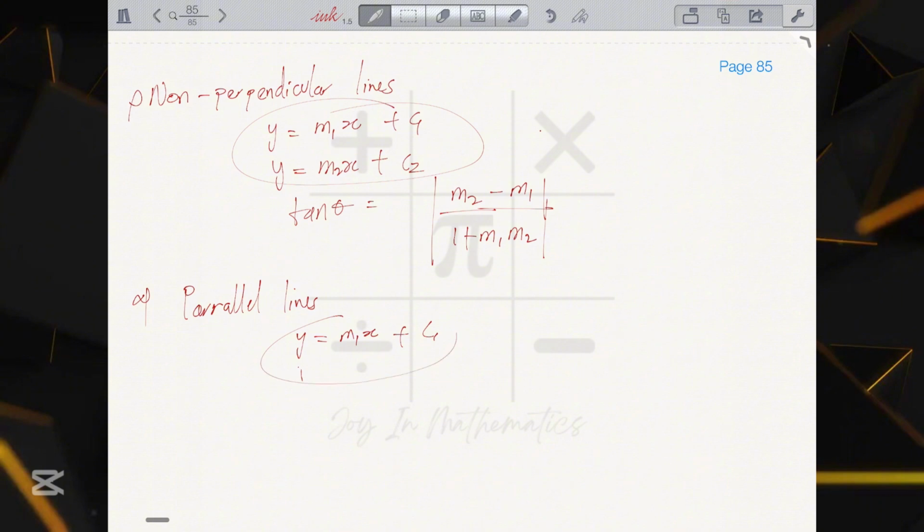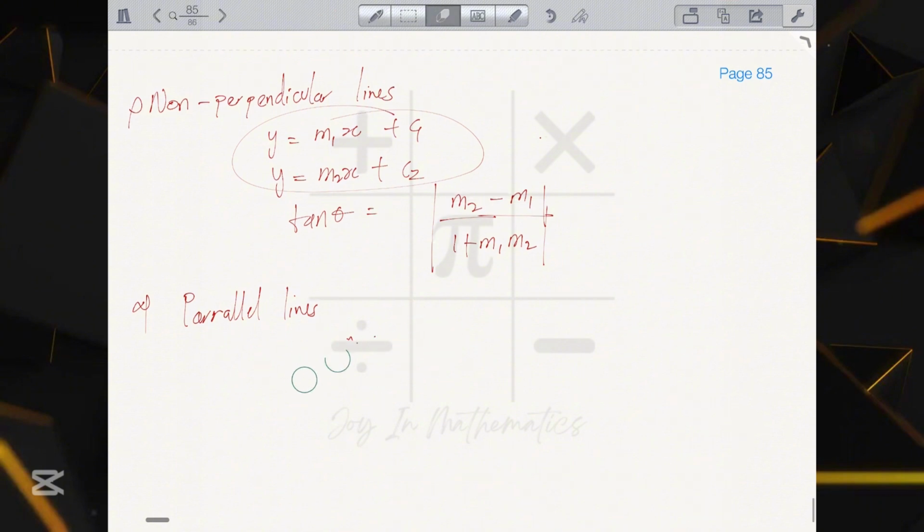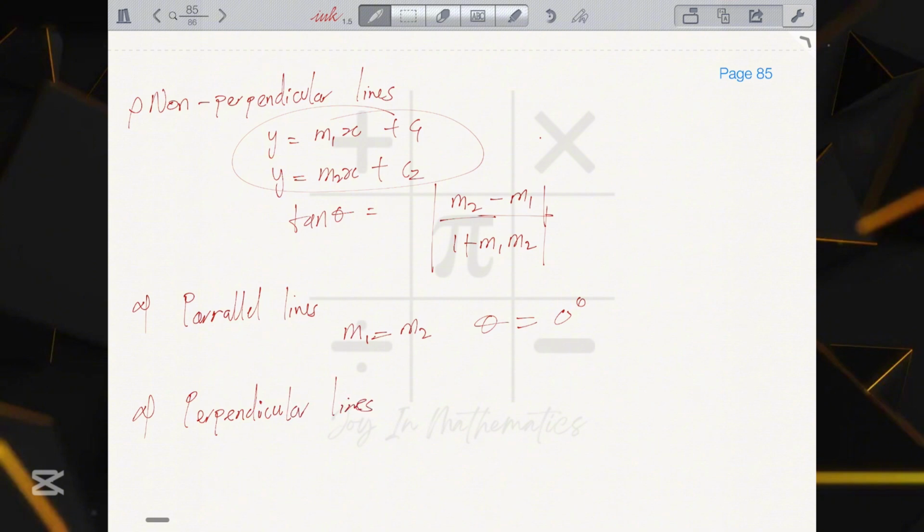So in parallel lines, we will have that m1 is equal to m2, and with that theta is equal to 0 degrees. And in perpendicular lines, m1 m2 is equal to -1, and the angle between these two lines is 90 degrees.